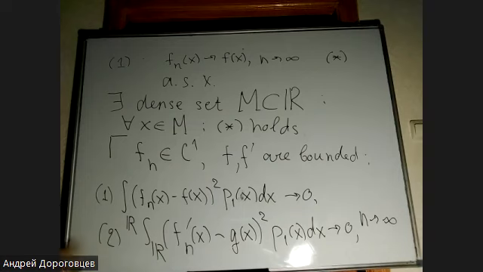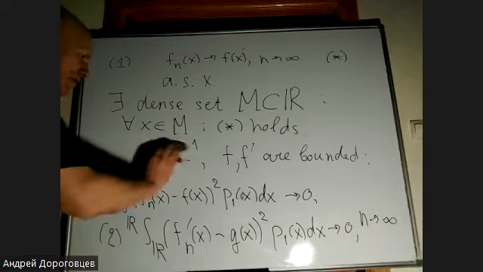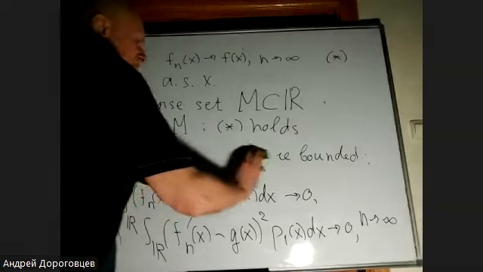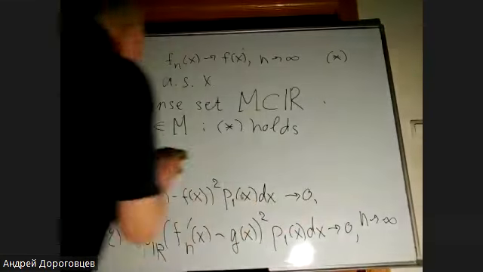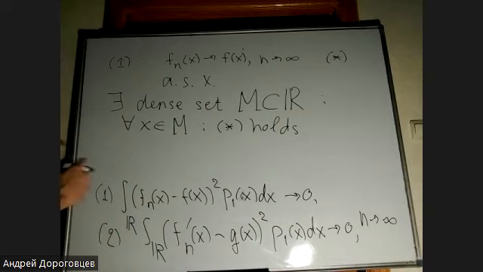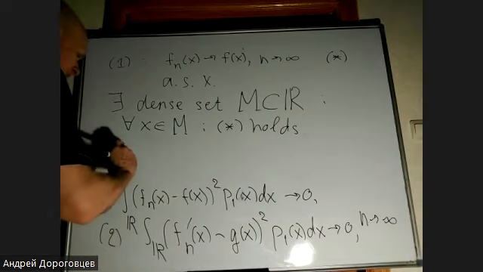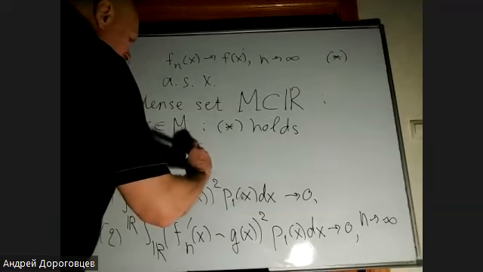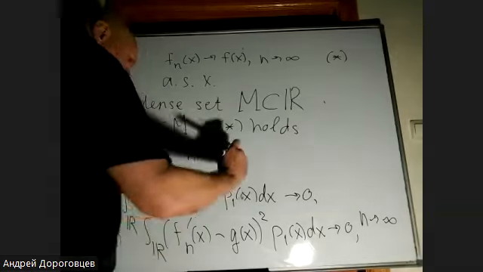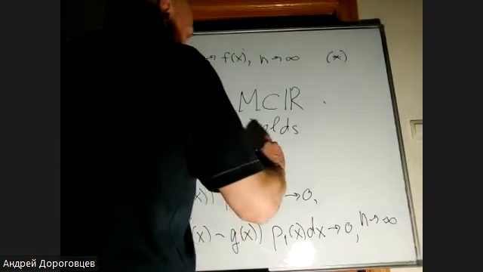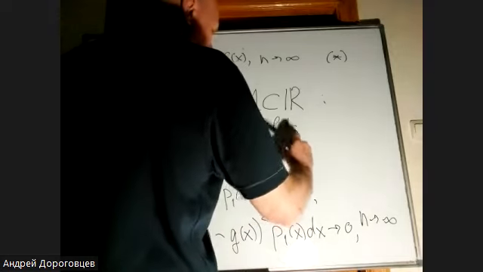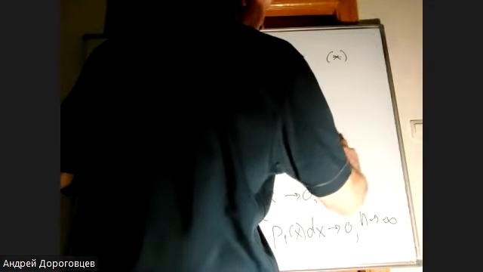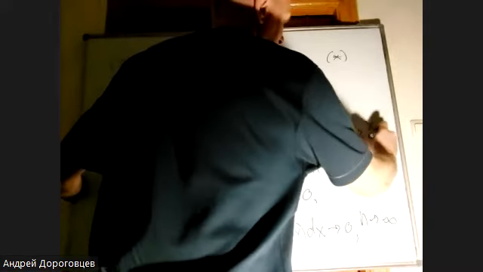Then let us consider a difference, fn of x2 minus fn of x1. It converges to f of x2 minus f of x1 for n tends to infinity, and x2, x1 from M.